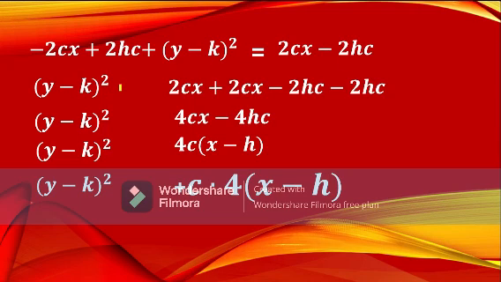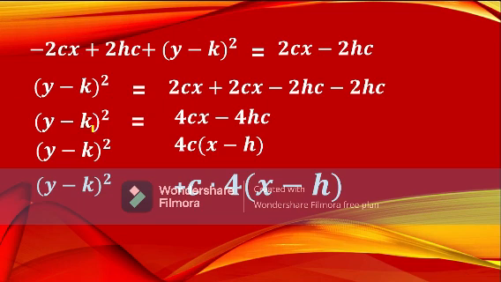Then y minus k quantity squared is equal to 2cx plus 2cx minus 2hc minus 2hc. Meaning we transpose this: negative 2cx becomes positive 2cx, and 2hc becomes negative 2hc. Then just arrange it, write it beside the term.